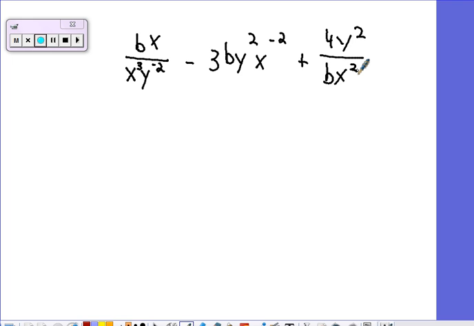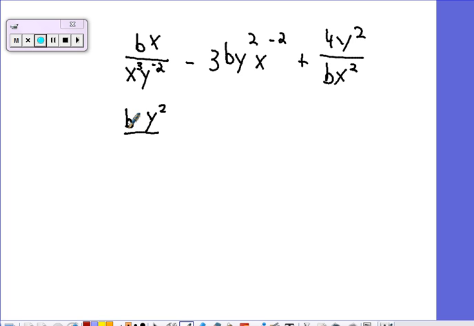Okay? Can we handle that? All right, so let's look at the first term. The y to the negative second here is not positive, so how do we make that positive? Bring it up. We're going to bring it up, and that's going to be y squared, right? And the b can stay right where it is, but we have an x on top and an x to the third on bottom, and we need to get those onto the same wavelength.